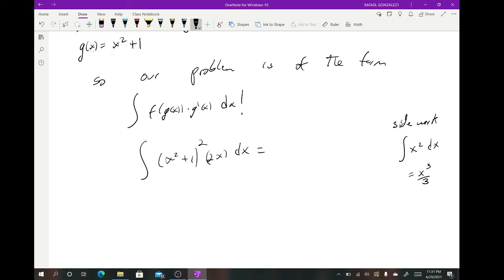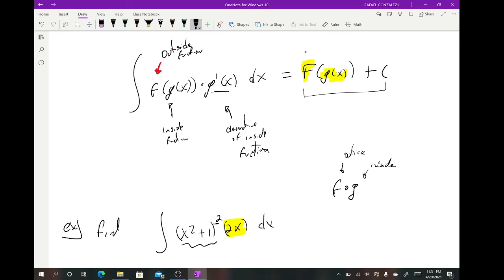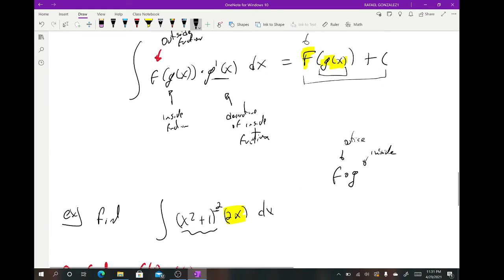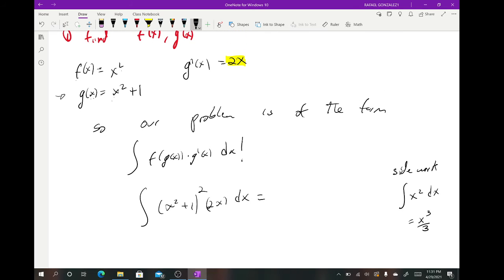Because remember, it's evaluated at g by the definition. It's the antiderivative evaluated at g. So g is going to take the place of x, plus c. But we know what g is because I just defined it up here. So it's going to be x squared plus 1. That's my g. But because of my function f, I have to cube it and divide it by 3 and add a constant c of integration.